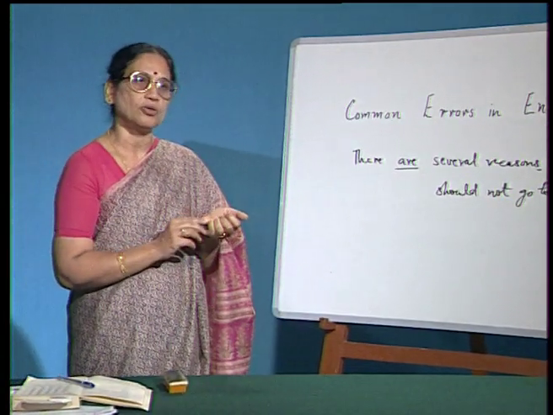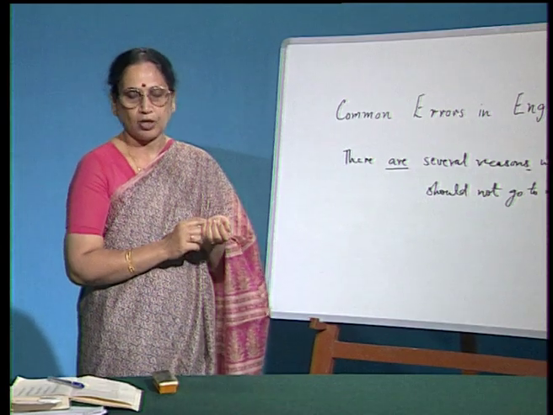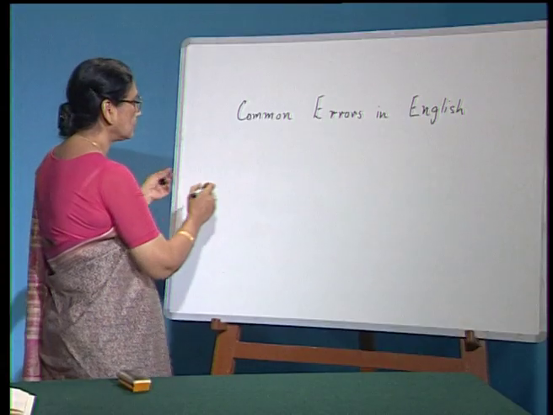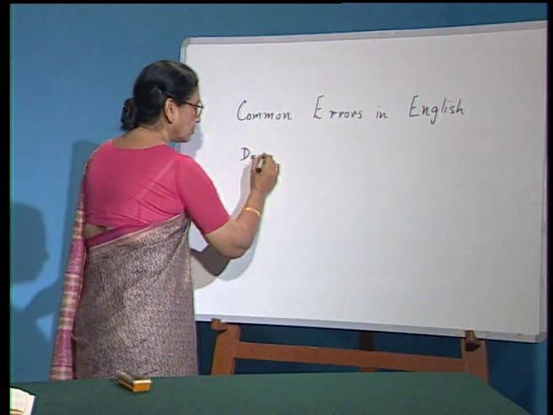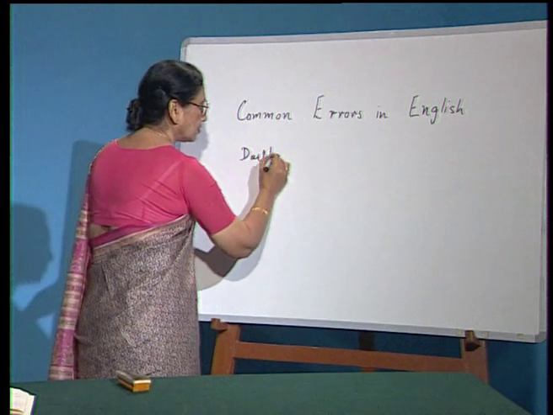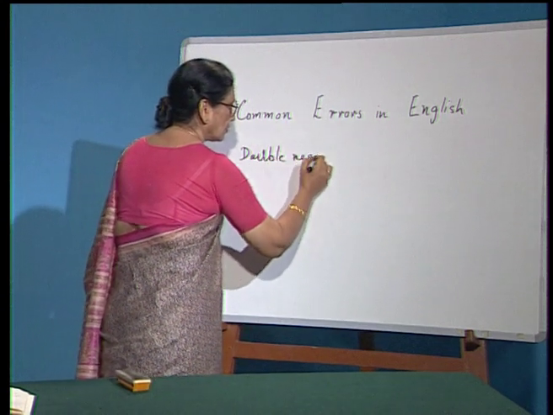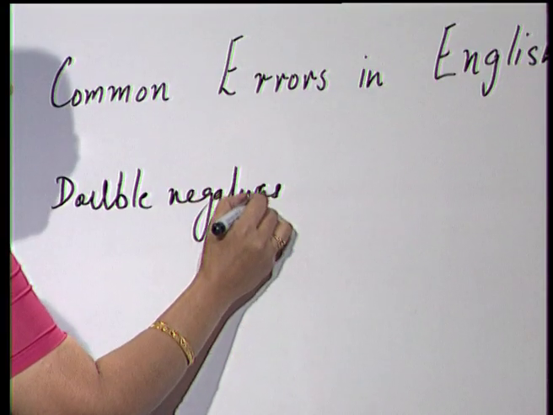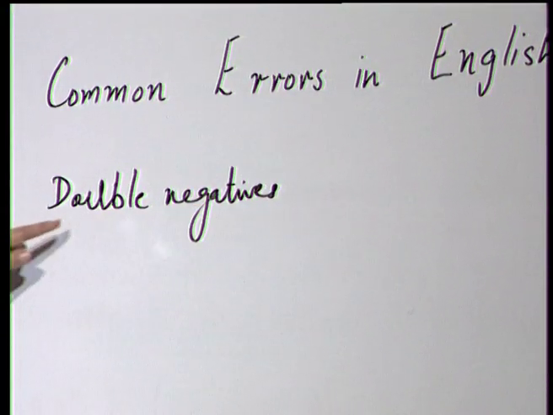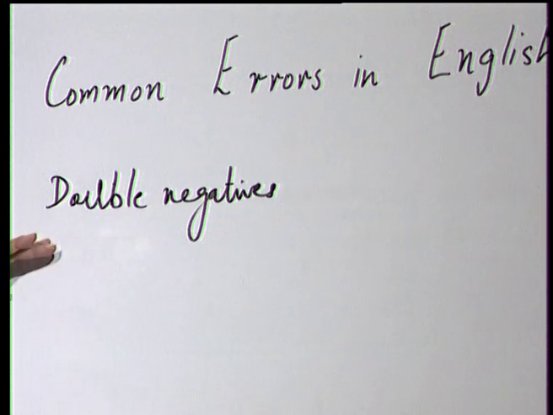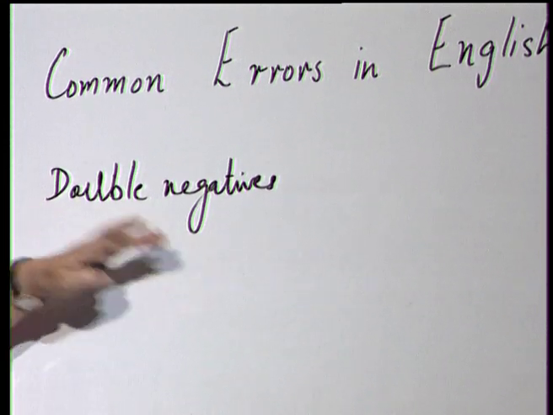Let us turn now to another type of error which Indian students often make. The error we make is with negatives or the use of double negatives. As you can see, the category of error itself is called double negatives.